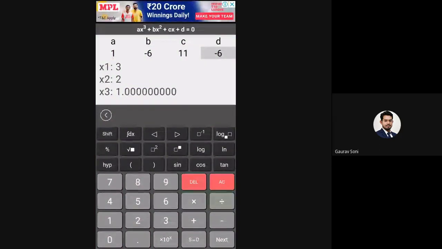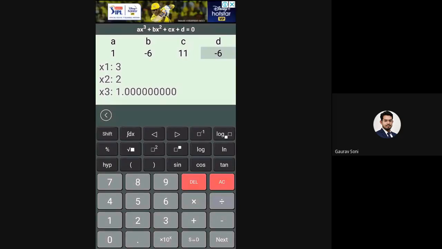Look, this is a very important method if you are worried about M3. So your calci will play a major role. So you have to learn how to find the roots of this equation of degree 3. Okay, so 3, 2, and 1, I have three distinct roots.